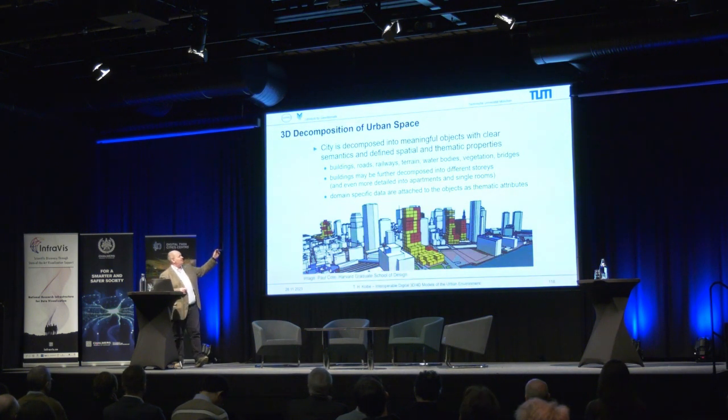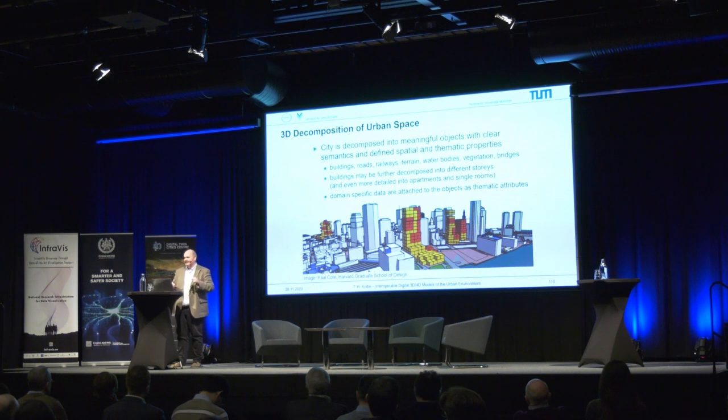But of course, one object is not just monolithic. If we have a closer look at buildings, they are decomposed into further parts, and those parts again might be further decomposed. The same is true for bridges, tunnels, but also for vegetation. Regarding the building, we can possibly go down to the level of apartments and single rooms.